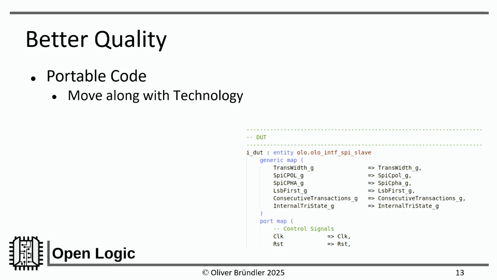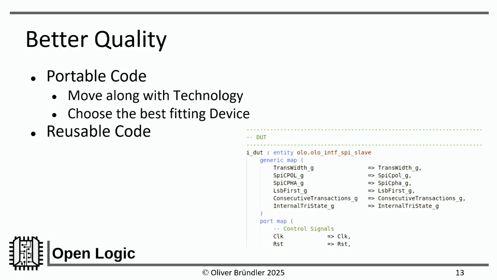If you work on RFSoC projects, the devices come out in rapid succession there. If a newer device comes out with a better ADC that matches your needs, you want to be able to pick that device, to use that technology. And for this, you need portable code, probably also portable between vendors. It means you can choose the best fitting device, which will, in the end, improve the quality of your application.